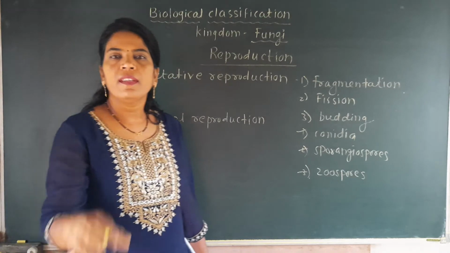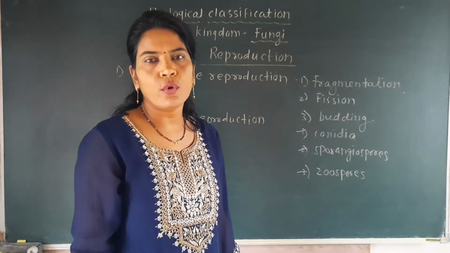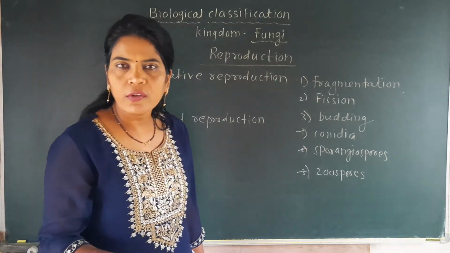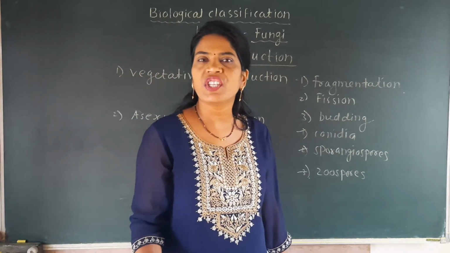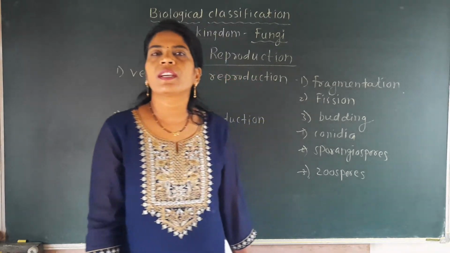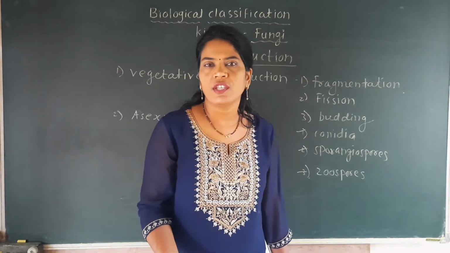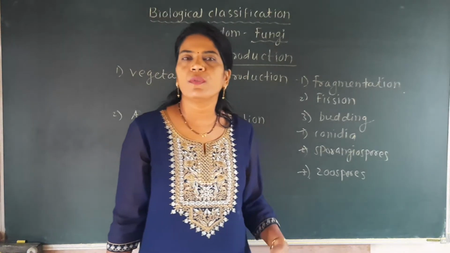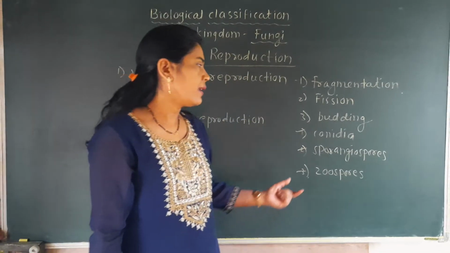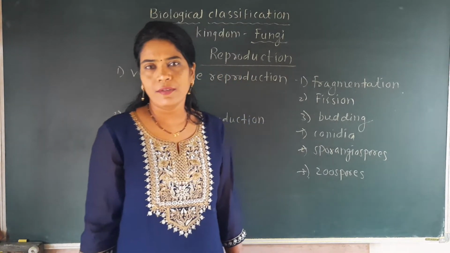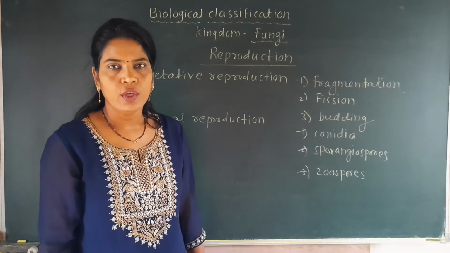Conidia are the spores produced in the conidiospores. Sporangiospores are the spores produced in the sporangium, and the zoospores are also produced in the sporangium. So these are the names of the spores of fungi produced asexually: conidia, sporangiospores and zoospores. They also germinate and form new fungi.